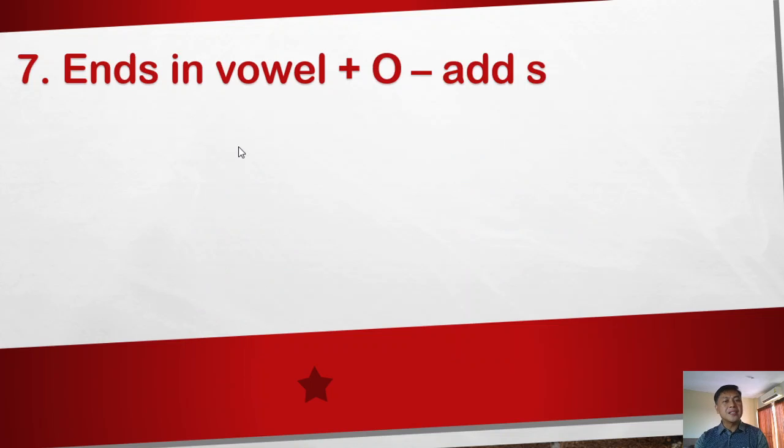Number 7, ends in vowel plus O. What are the vowels? The vowels are A, E, I, O, U. So you simply add S again.